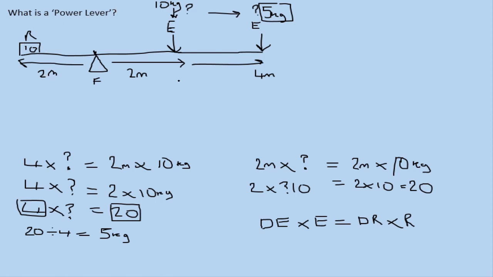Now that is one of the benefits of having levers in our body. They are said to be a mechanical advantage. We're able to lift lots of weight with a minimum amount of force.